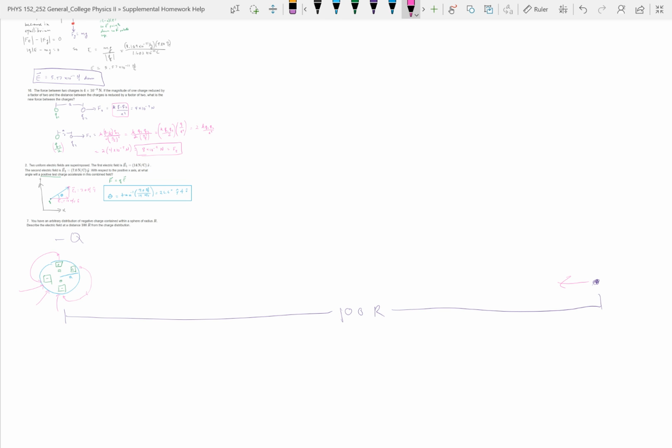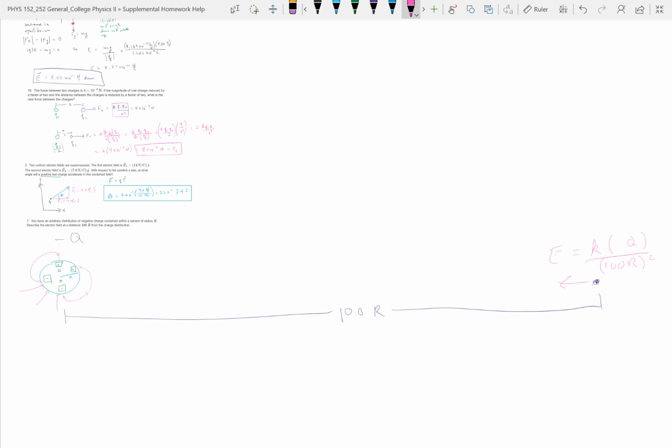And so since it's a point charge, the electric field is equal to K times that minus Q, and I'm going to drop the minus sign because I'm just doing the magnitude, over 100 R quantity squared. Right, KQ over R squared.